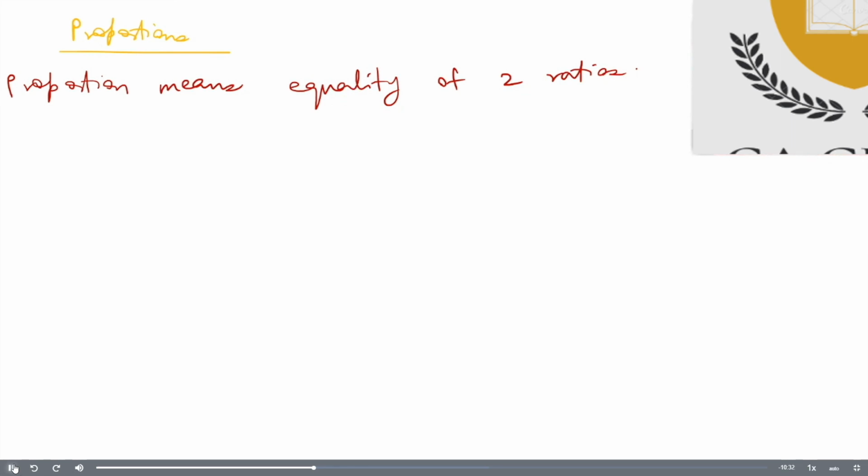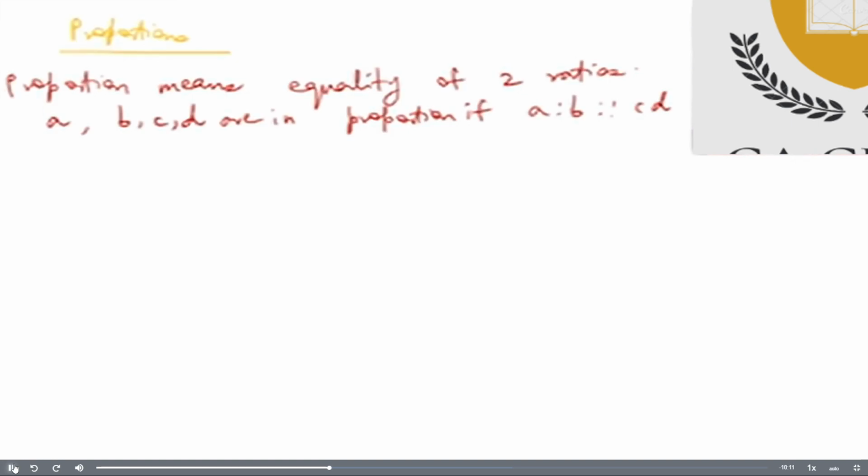Four quantities A, B, C, and D are said to be in proportion if A is to B proportion C is to D. That is A by B is equal to C by D. That is AD is equal to BC.